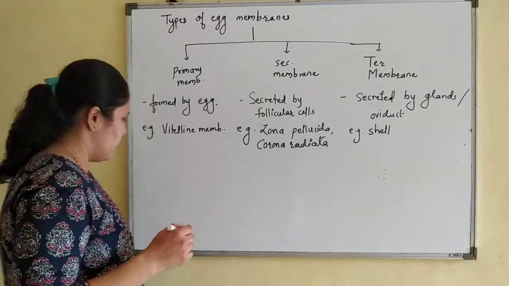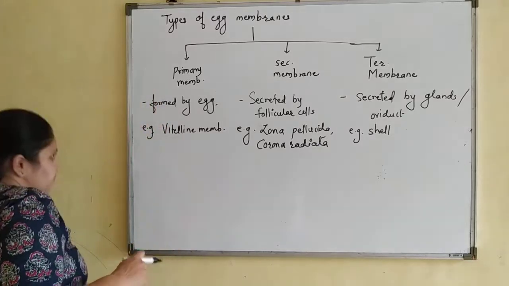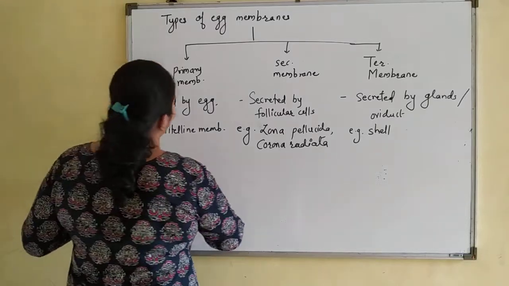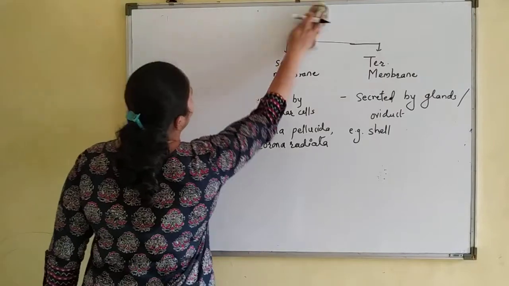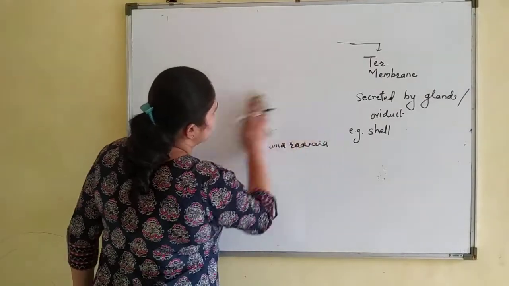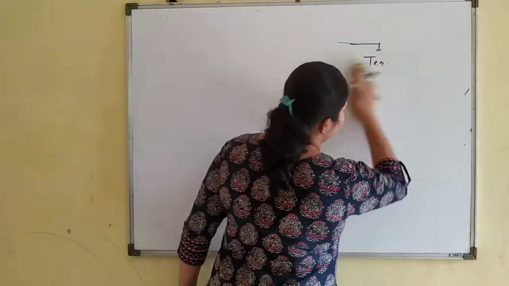Fine. Now we will see types of eggs based on the amount of yolk. So these were the types of egg membranes.